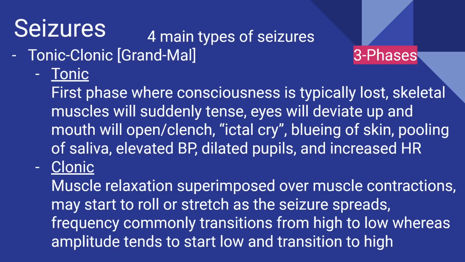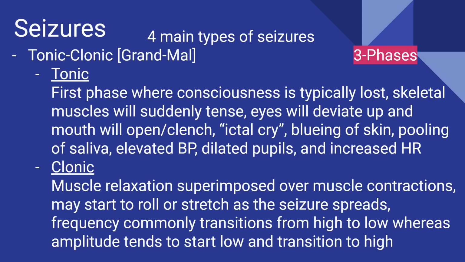So the frequency will start high and then slowly become low to the point where the amplitude starts to level back out. And so you'll see this clonic phase is usually a lot longer than the tonic phase, which is why we don't always see a long tensing phase.